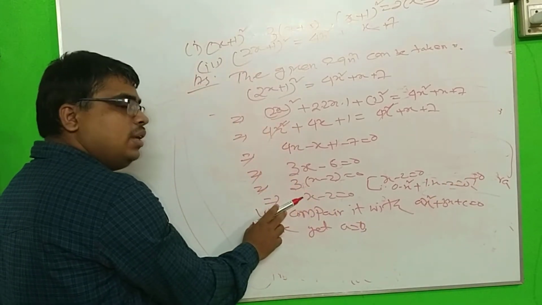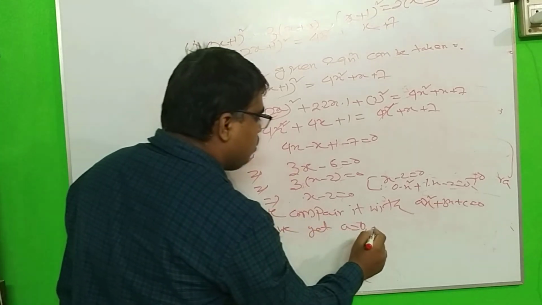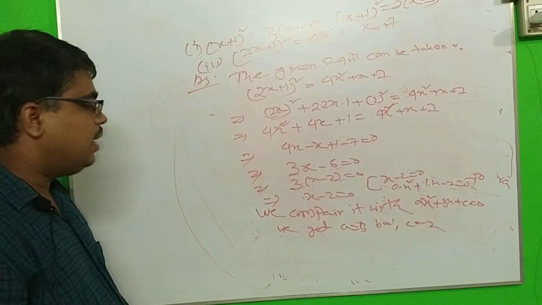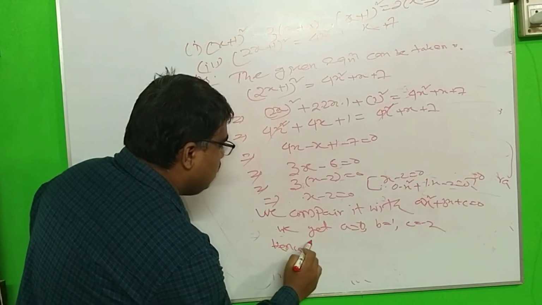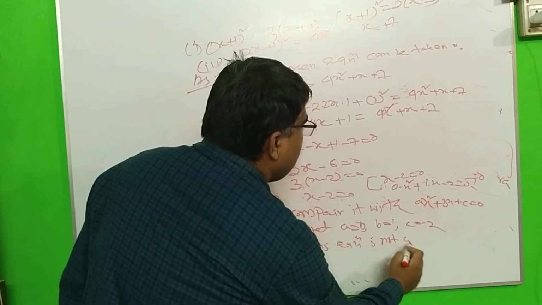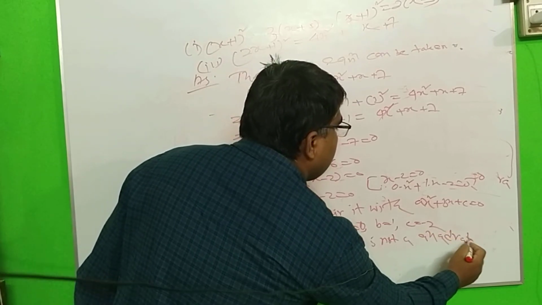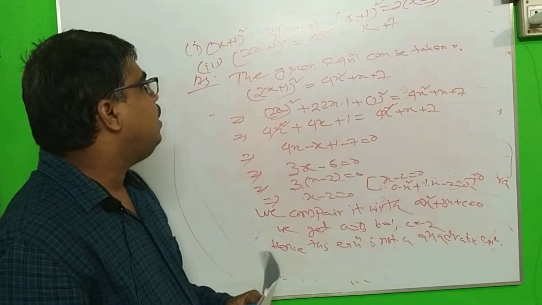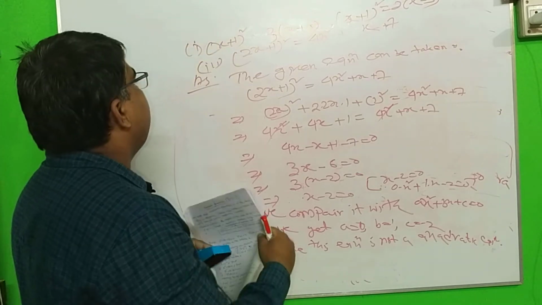There is no coefficient of x square, so we can take coefficient of x square equal to 0, that is a equal to 0, b equal to 1, c equal to minus 2. Okay, clear. Since a equal to 0, hence this equation is not a quadratic equation. Is it clear? Okay. Now we check another problem.